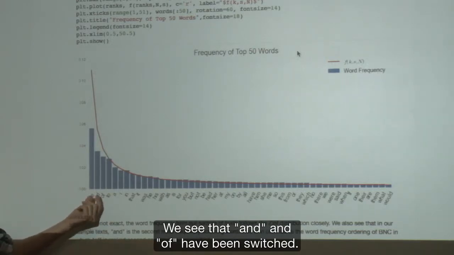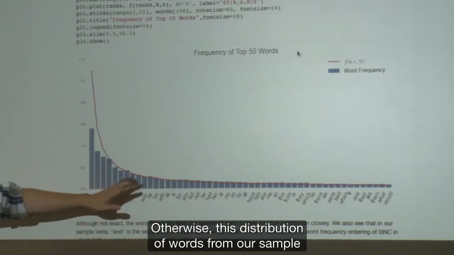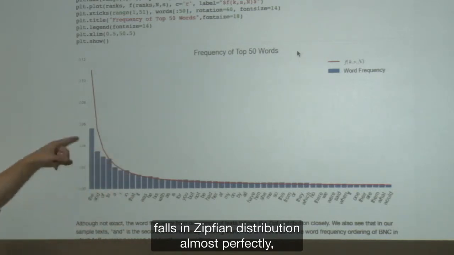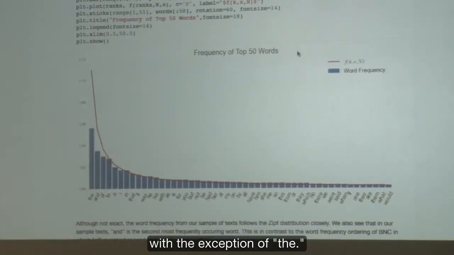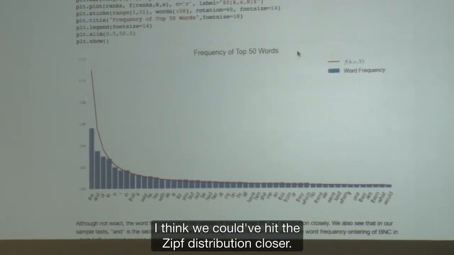We see that and and of have been switched. But otherwise, this distribution of words from our sample follows a Zipfian distribution almost perfectly, with the exception of the. So it's not perfect, but I think if we had a much bigger corpus, we could have hit the Zipf distribution closer.